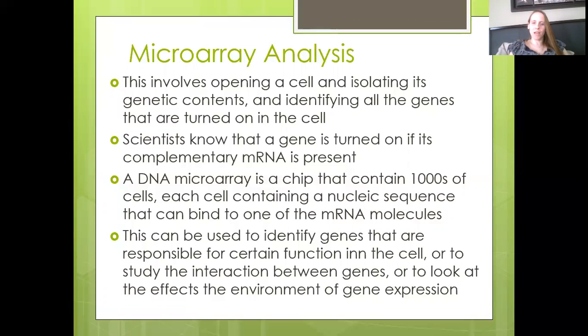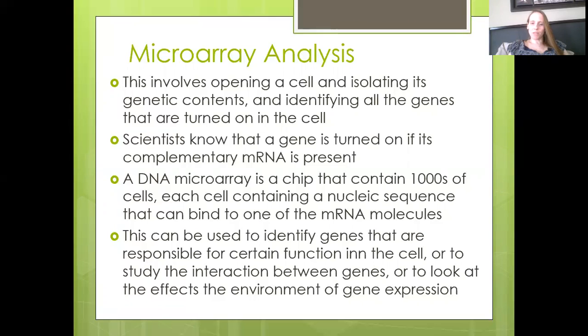And so you'll open up the cell, dump all of the contents of the cell into this microarray, and then any of the mRNA that's present will bind to the microarray, and then you can work backwards to tell which genes are turned on based on which cells of the microarray end up with something bonded to them.